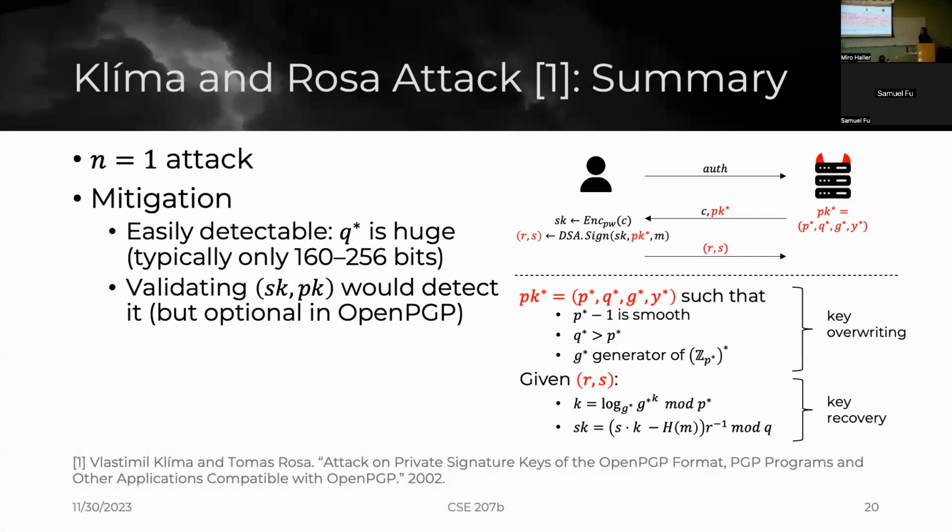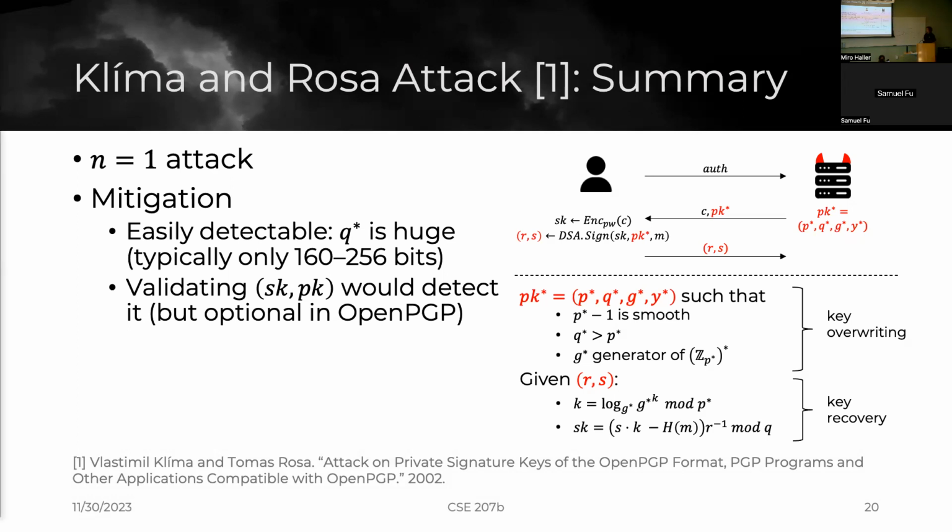Mitigations are pretty simple in this case, because, for example, our Q value is huge. Normally, it is a factor of p-1, and normally it's around 160 to 256 bits. And in our case, it's more like 2000 bits, which is easy.